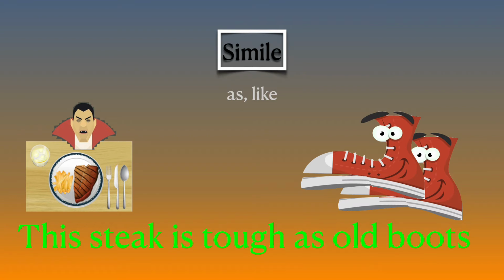For example, you could say his nose was as red as a raspberry, but that doesn't imply that his proboscis has any raspberry-like features. It isn't soft and sugary, it just happens to look similar. A simile, then, is a comparison between two things in which the main item, here, the steak, is compared with another item, old boots, which has one feature in common with the main item. In other words, toughness.